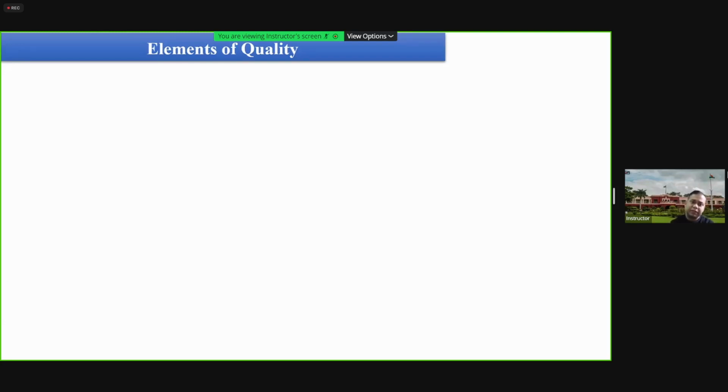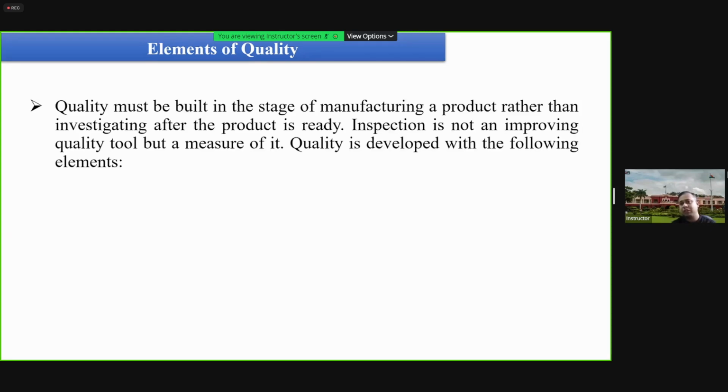When we are talking about the elements of quality, we are relating it to the advice given by the quality gurus, that quality should be built into the product during design and manufacturing, rather than relying on inspection for detecting defects.